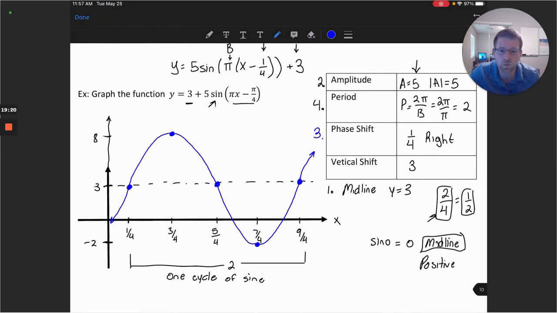And then we went through a progression of charting our midline, setting our amplitude, getting our starting point with our phase shift, and then creating our endpoint by adding our period length. And then we're just sketching a regular sine curve over that range and domain.